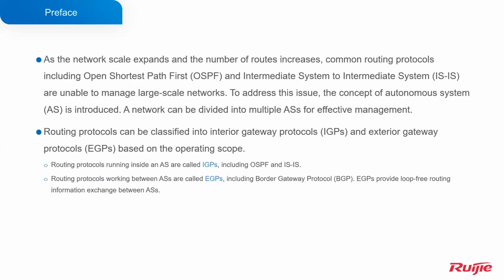As we know, in our network, the network size can become bigger and bigger. For example, at the beginning, you only have 3 routers and only 20 segments. Maybe you use static routes or an OSPF or ISIS routing protocol, and it's enough.